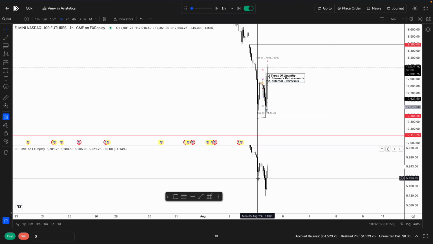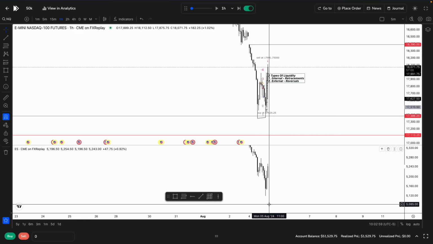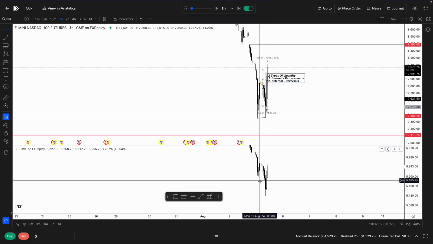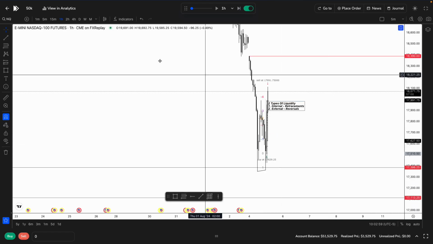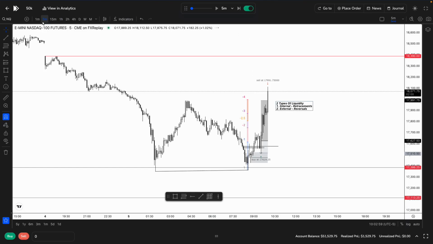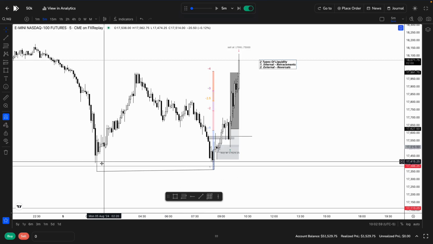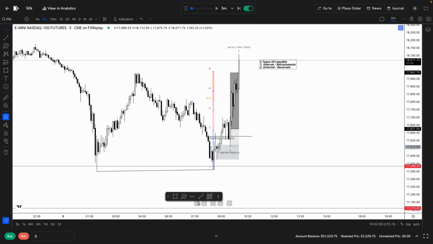We've also got SMT, which is a good confluence. We've got SMT between the external lows. What did we then do? We then saw, okay, 8:30 got SMT with the external low.